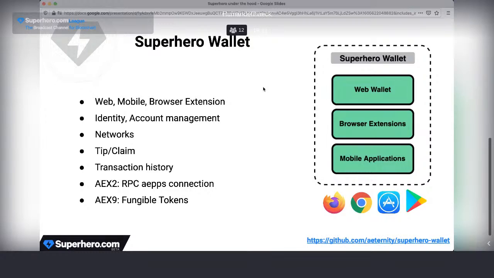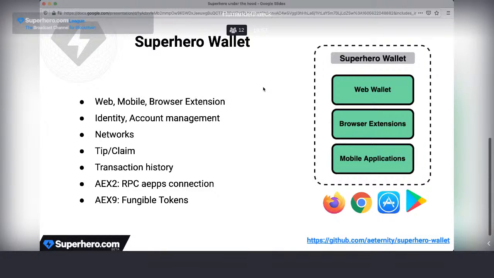So you are able to use also tokens that are built on top of Aeternity using smart contracts in that wallet, manage balances, and send, withdraw tokens, and every other operation that involves tokens.